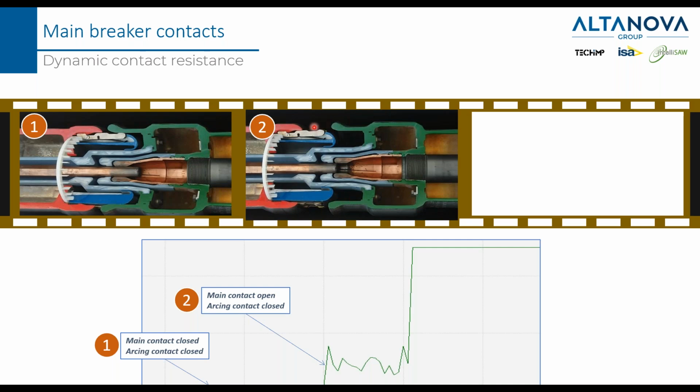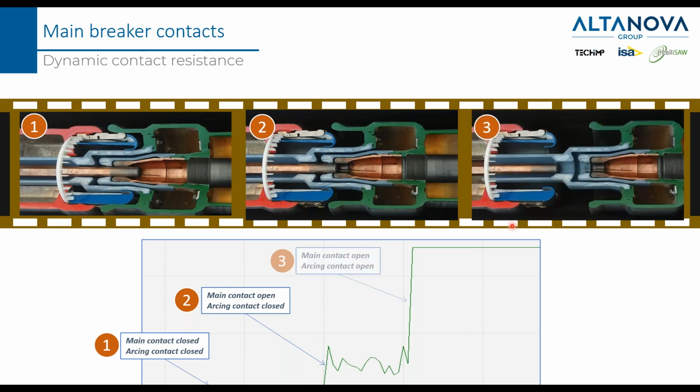Here the main contact is now open, but the arcing contact is still closed. And you see that we go from the range of micro ohms to some milli-ohms. So at least you see that the value of the arcing contact is higher than the main contact.